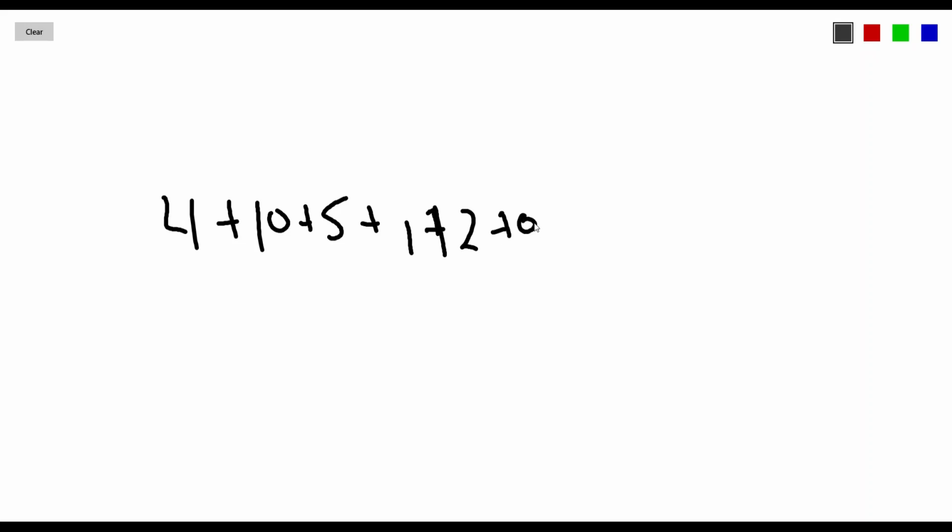So we have 4 plus 10 plus 5 plus 1 plus 2 plus 0 plus 0 plus 2 plus 0 plus 2.